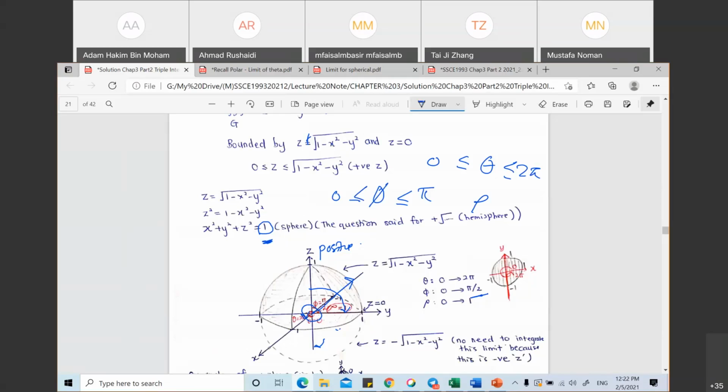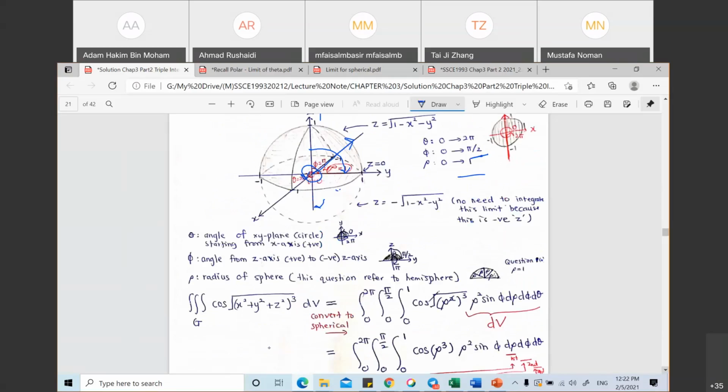So you already have these three. Now it should be easy. You put 0 to 1 for your rho, your phi is 0 to pi over 2 and theta is 0 to 2 pi.